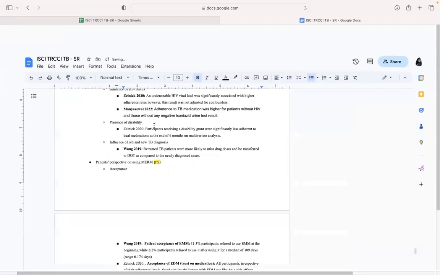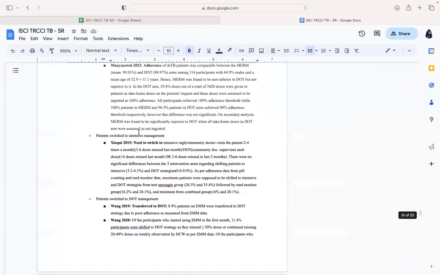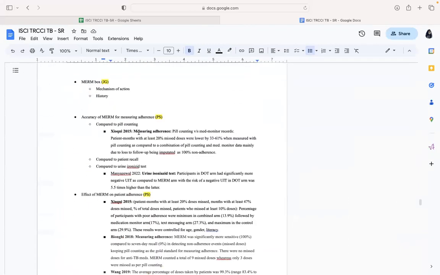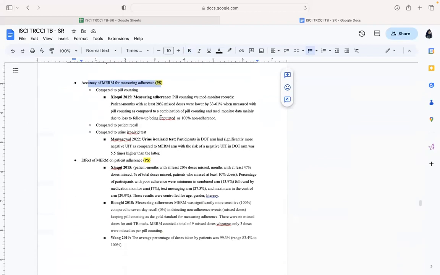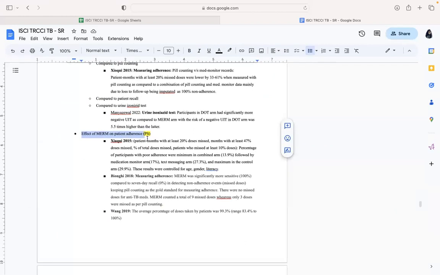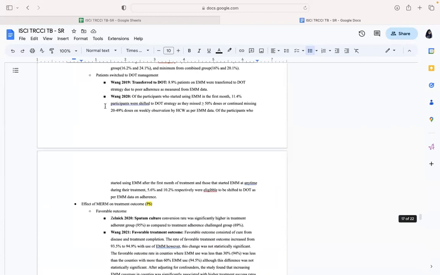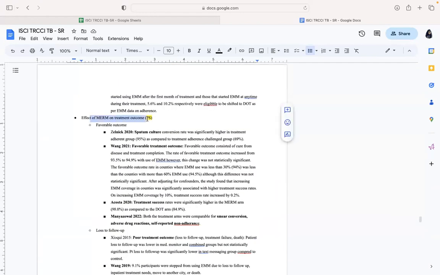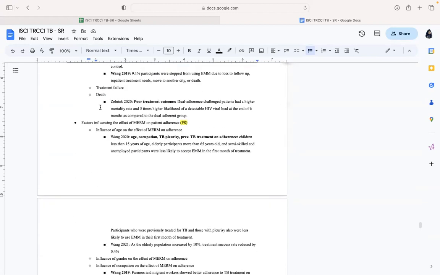There you go. So this is how we write our discussion part. As you can see, in the discussion of this systematic review, we start from accuracy of MERM for measuring adherence. We go to effect of MERM on adherence. Then we go to effect of MERM on treatment outcome, favorable outcomes, bad outcomes.